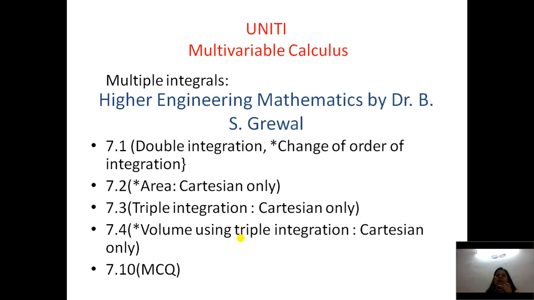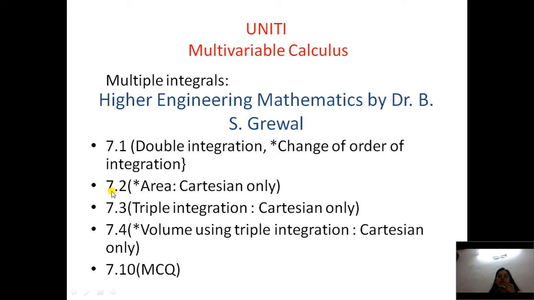And to prepare unit 1 from Higher Engineering Mathematics by B.S. Grewal, you have to practice 7.1 for double integration and change of order of integration. And we have to solve only Cartesian questions. Next exercise is to find area for Cartesian curves.